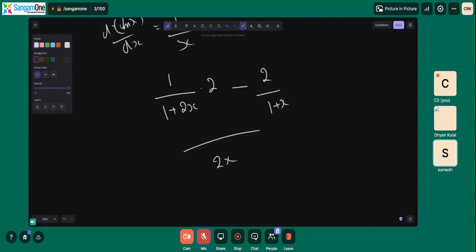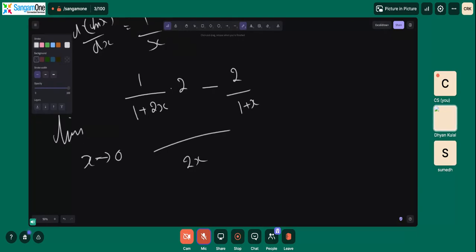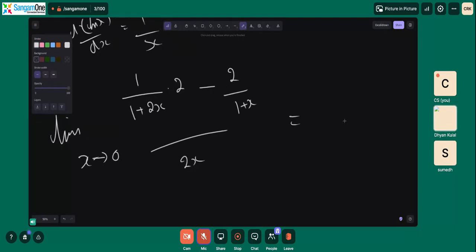So can you see the entire equation now? Now what happens if I apply the limit? It will again be in the 0 by 0 form, right? Yes, 0 by 0.